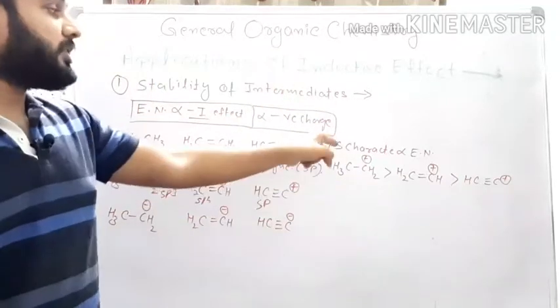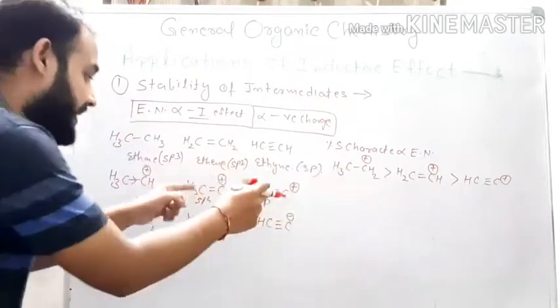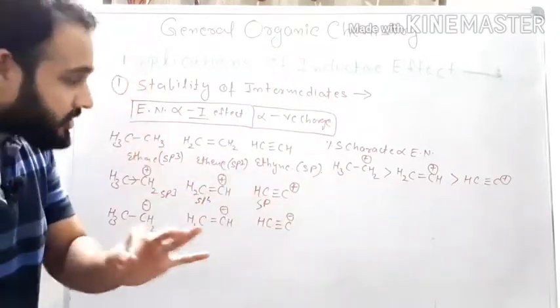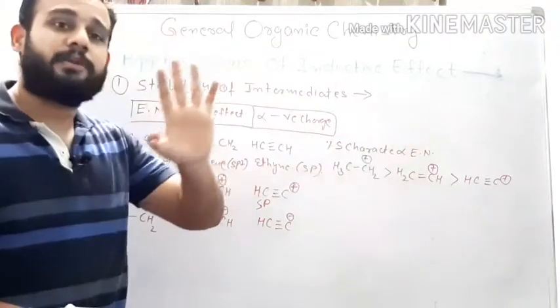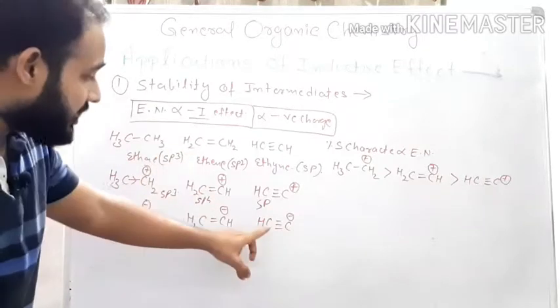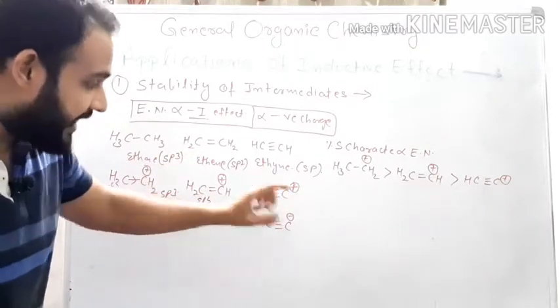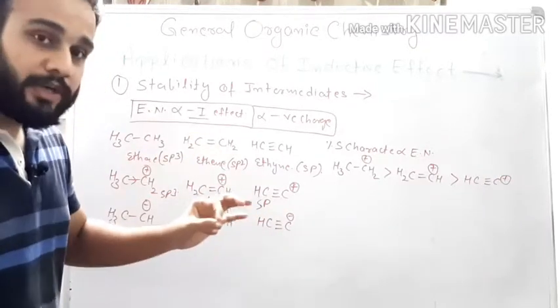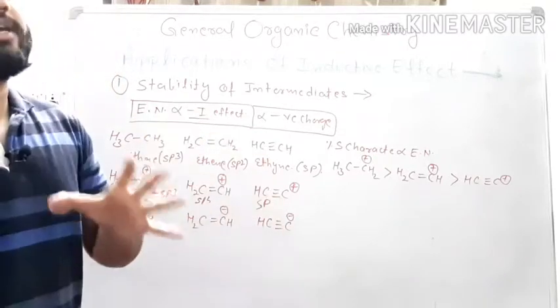And also this concept can explain the stability of carbanions. You see that percentage s character is directly proportional to electronegativity. Here the most electronegative will be the triple bond carbon and it has negative charge. So it means it has maximum stability.